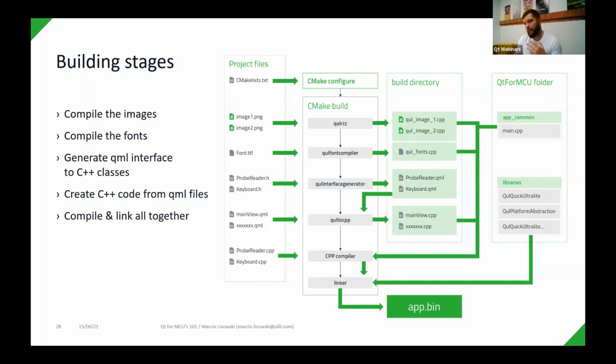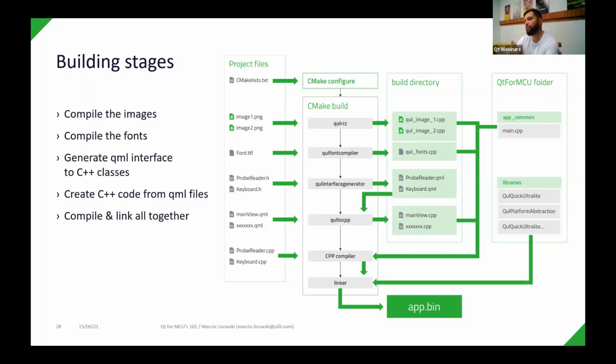After assets generation, so after converting the images and generating the glyphs for fonts, it is time to generate interfaces. For example, if you are going to connect your QML interface definition with C++ parts, this is the part that takes care of it.